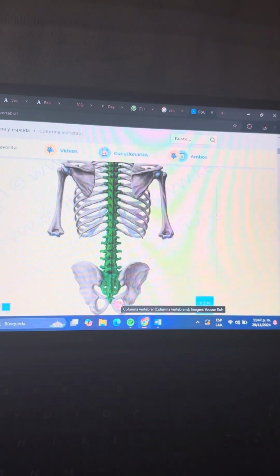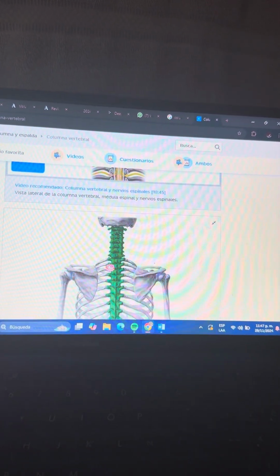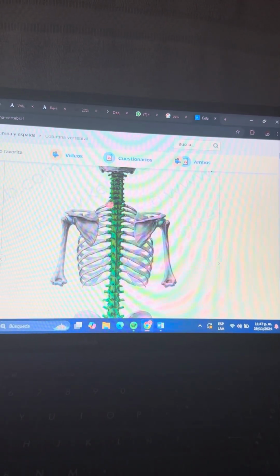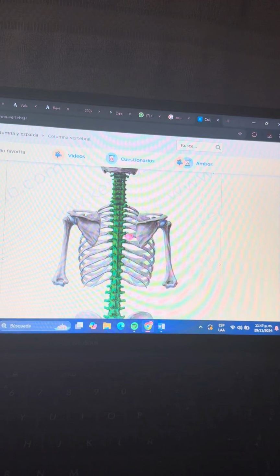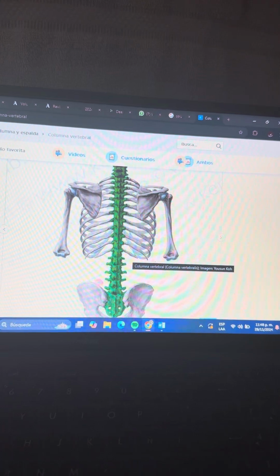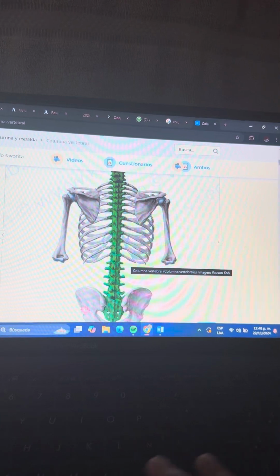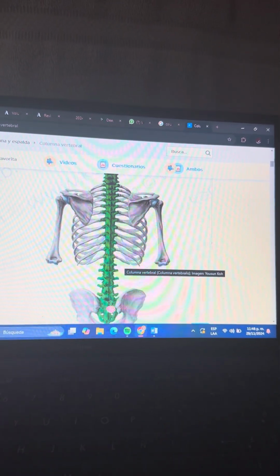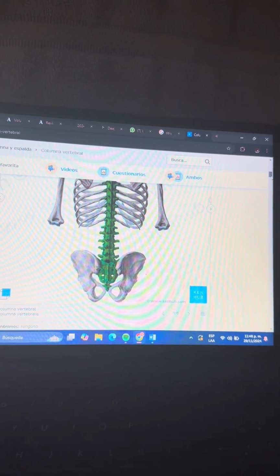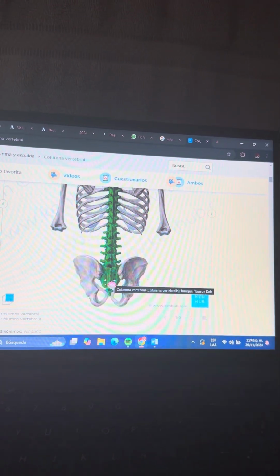We have seven cervical, 12 thoracic, 5 lumbar, and the sacrum, which also contains 5 fused vertebral segments, and the coccyx has between 3 or 4 fragments.